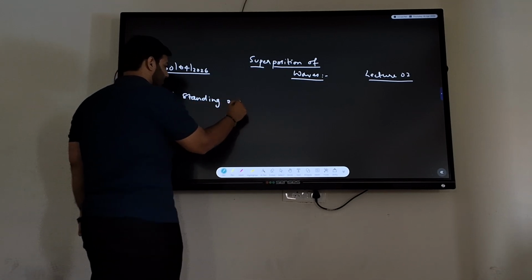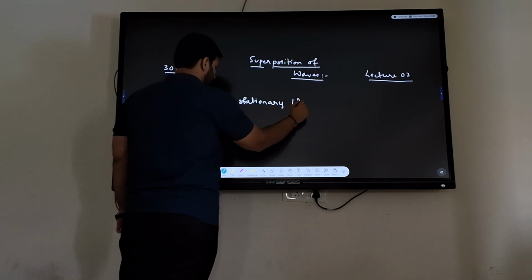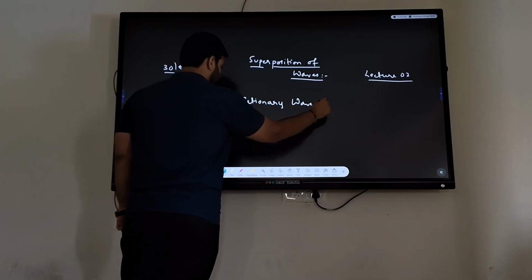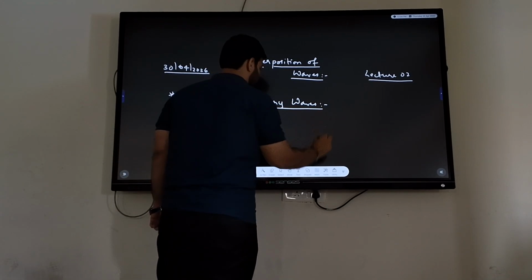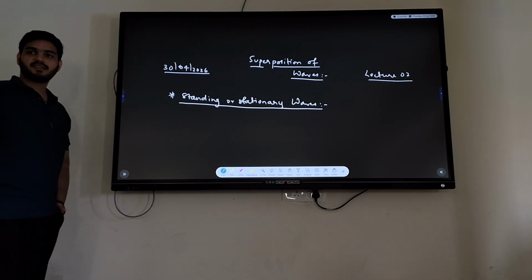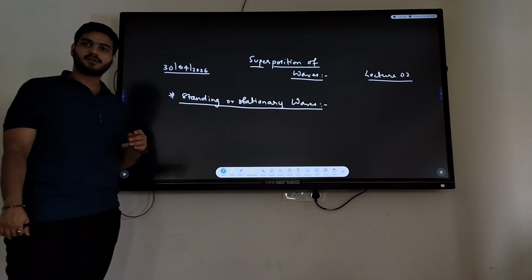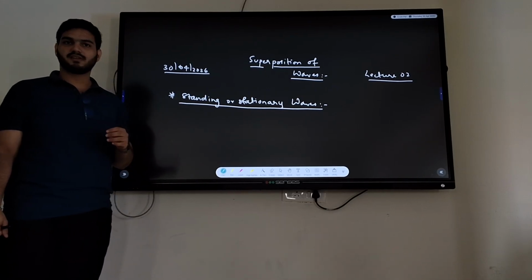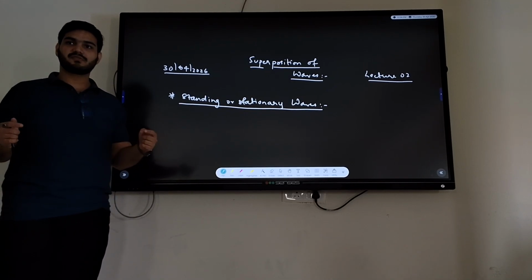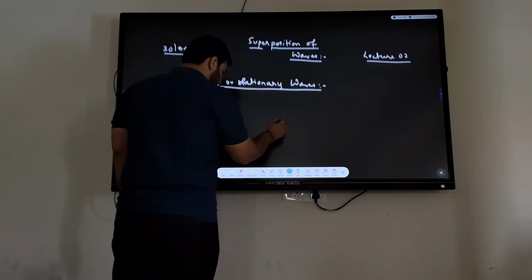Standing or stationary waves. As I said, this is going to be an application of interference, and for interference we always had coherent sources. But now I am going to take two waves which are moving in opposite directions. So what could be the wave equations?